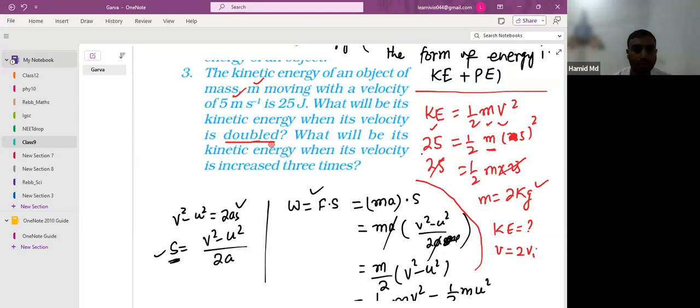So now can you solve it? Maiza, did you get the concept to solve this question? Yes, sir. Okay, so try to solve it.